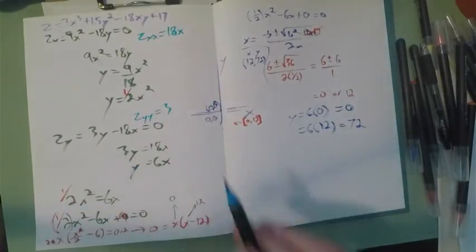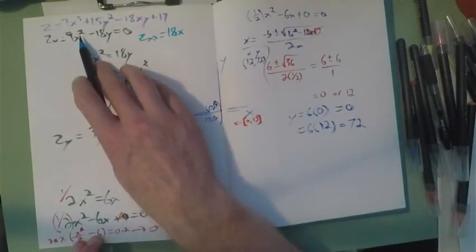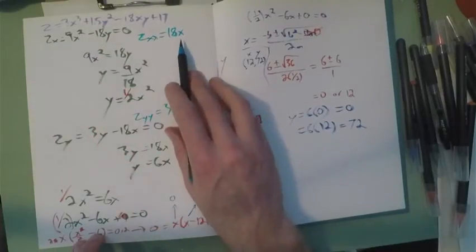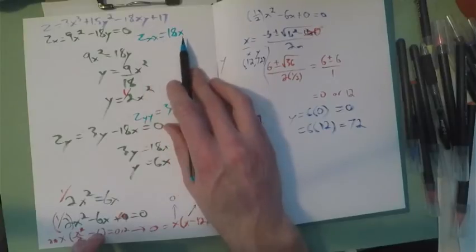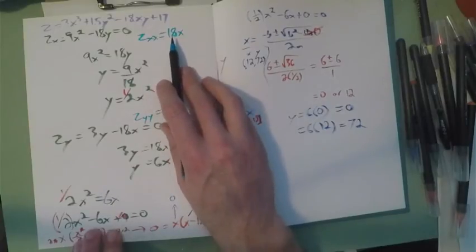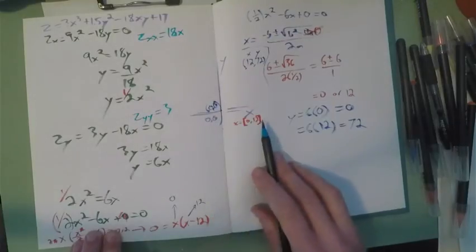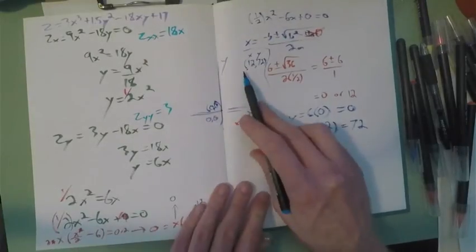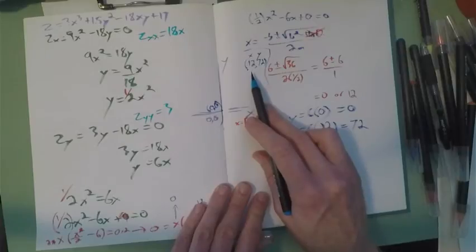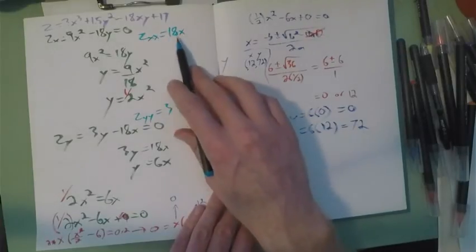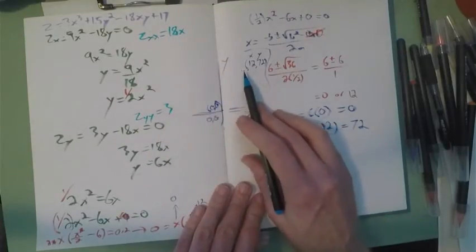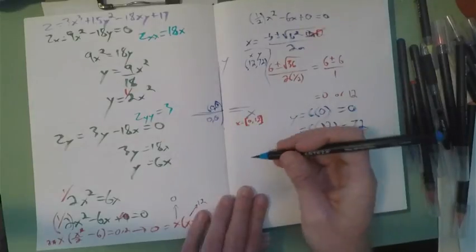Right? Now here we've got this x because of this squared term. So if x is negative, this is negative. If x is positive, then this is positive. So we're looking at x of 0 and x of 12. So this is maybe a minimum, right? Since we have a positive second derivative here in the x direction, right?